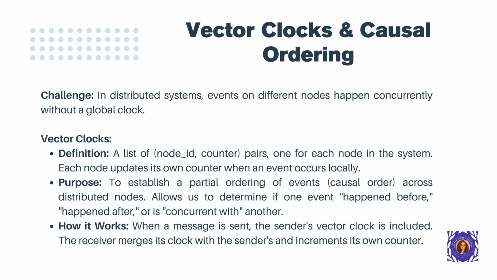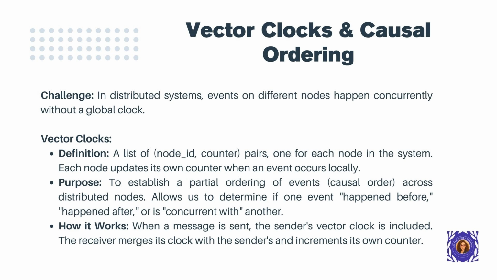This allows us to unambiguously determine if one event happened before another, happened after it, or if they occurred concurrently, meaning neither event causally affected the other. The mechanism works as follows. First, each node in the system maintains its own vector clock, initially set to all zeros.